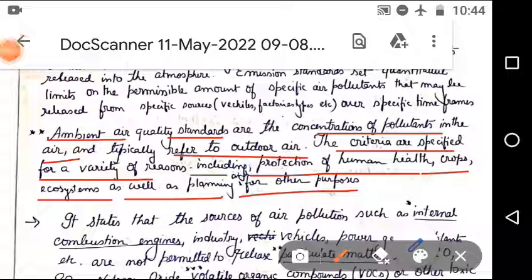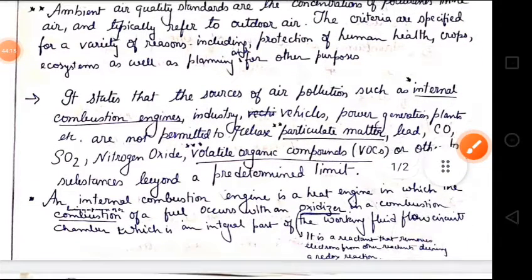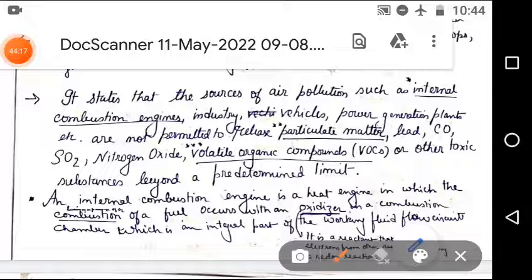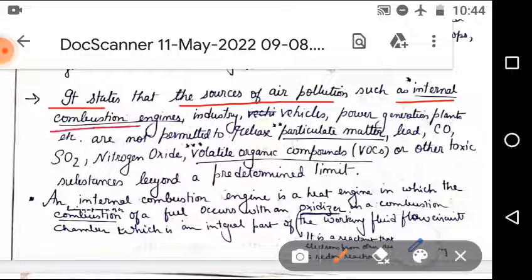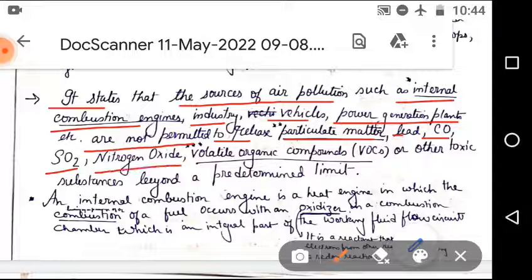Then what it is saying is that the Air Prevention and Control of Pollution Act also states that sources of air pollution, like internal combustion engines, industry, vehicles, and power generation plants, are not permitted to release particulate matter, lead, carbon monoxide, sulfur dioxide, nitrogen oxide, volatile organic compounds, or other toxic substances beyond a predetermined limit.